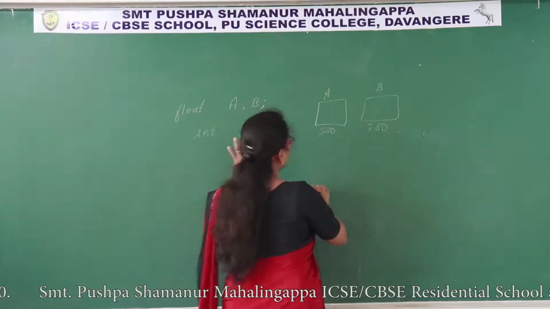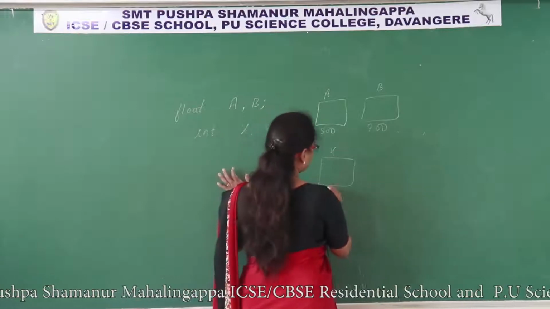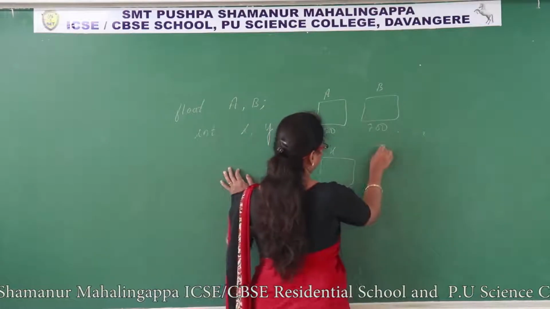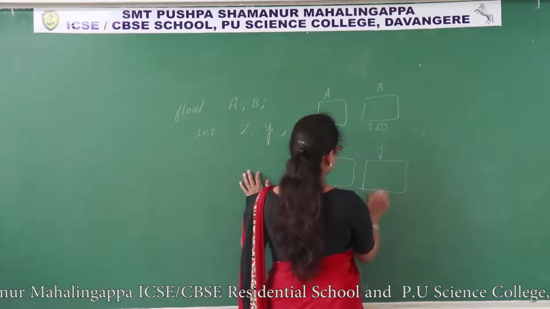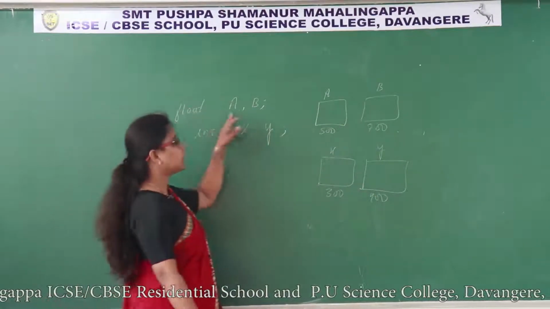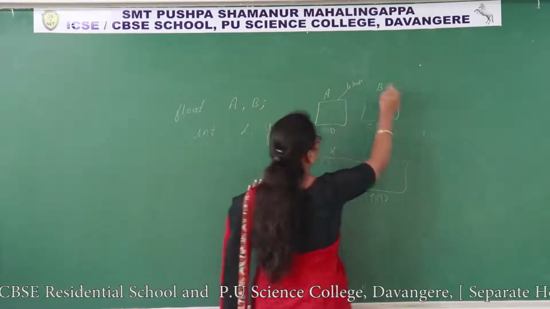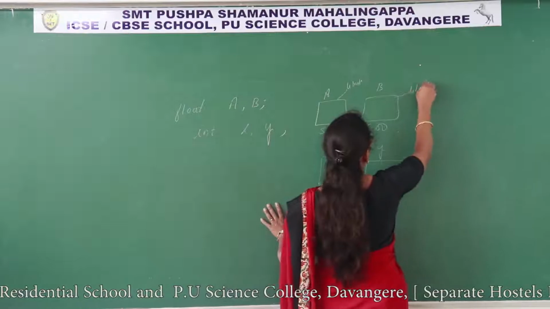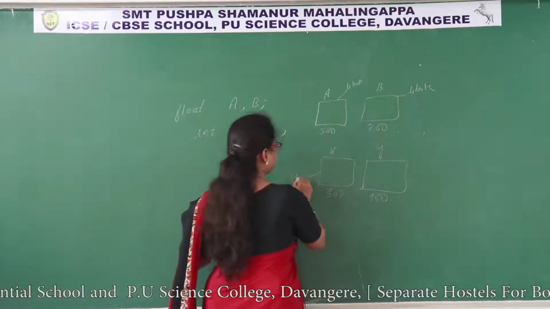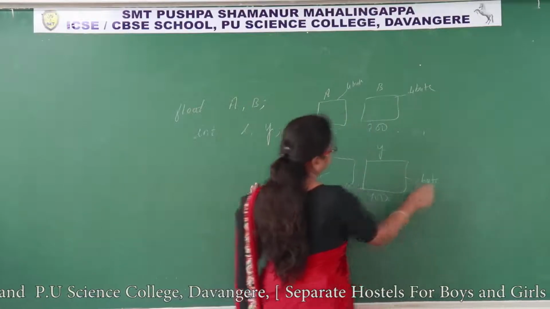Next, int x and y. For x, 300, and for y I'll consider 900. So these two are floating type, so they are 4 bytes of memory location each, and these are 2 bytes each.